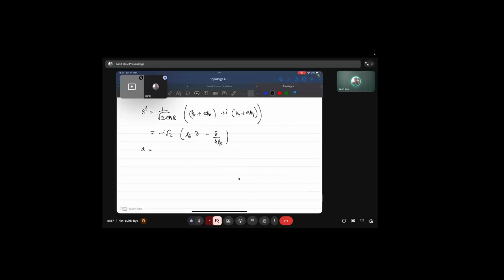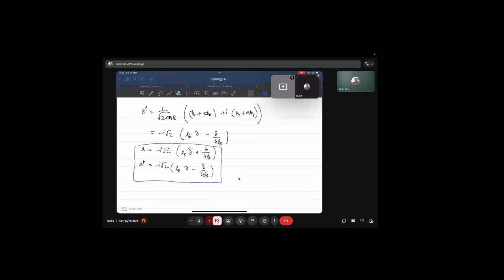Similarly, you can write a as minus i root 2 l_B del bar plus z by 4 l_B.